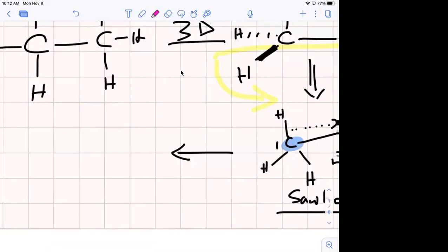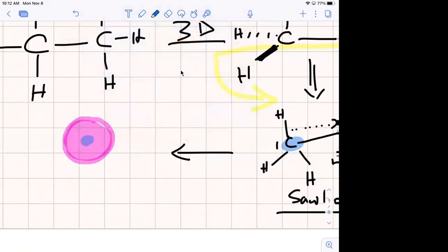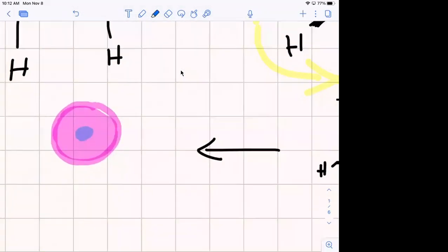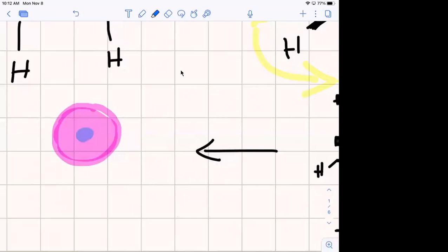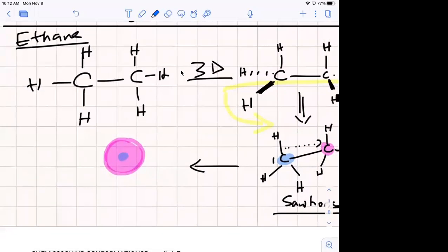So carbon 1 is going to be in front. This will be carbon 2. Let's go ahead and fill that in. And then carbon 1 is going to be here. Don't worry about the size difference. They're both the same size, but it's easier to show the Newman projection if we draw it like this.